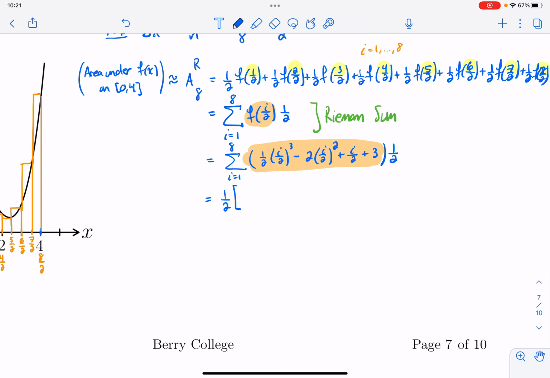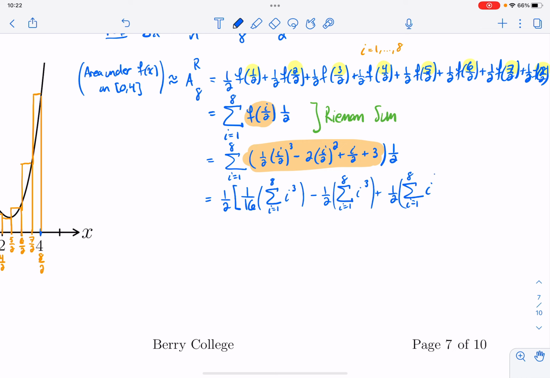So that's 1/16 times the sum from I equals 1 to 8 of I cubed, minus, that's 2/4 is 1/2, times the sum from I equals 1 to 8 of I squared, plus 1/2 times the sum from I equals 1 to 8 of I. We'll put parentheses around this.